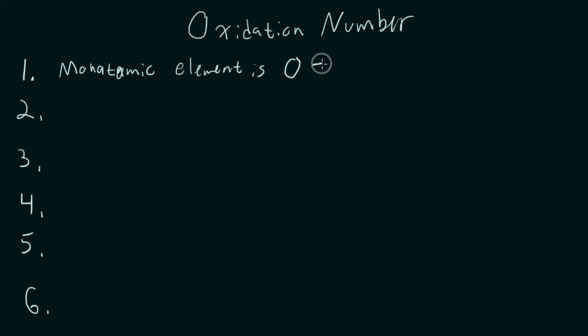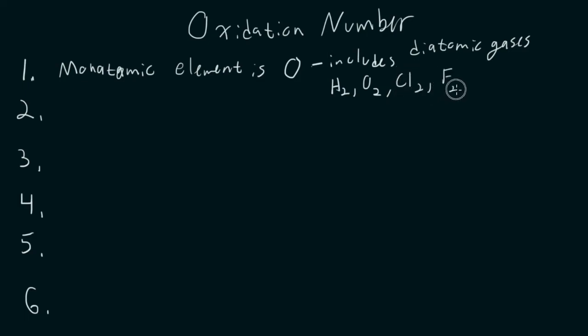And this will include the diatomic gases, because these will be gases that are bonded only to themselves, right? So they are technically monatomic. It will also include things like sulfur, S8, which is how sulfur normally bonds to itself when you have a pure lump of sulfur.